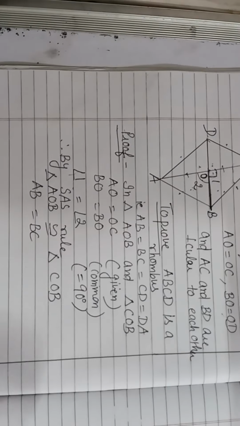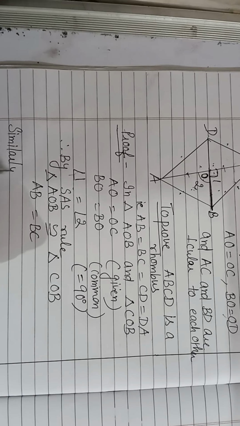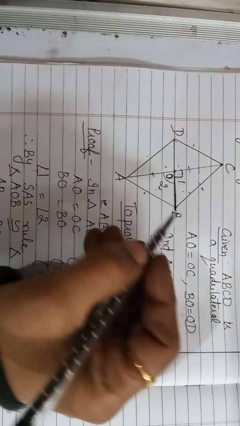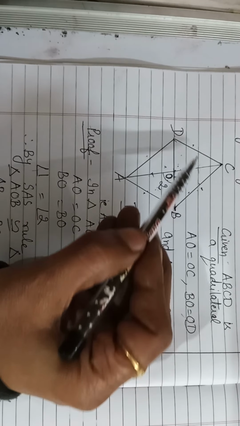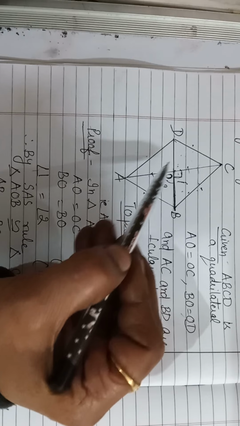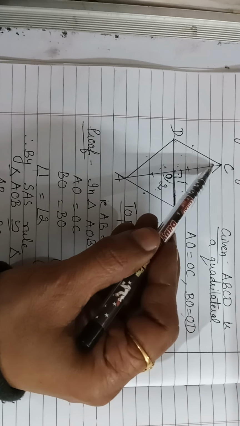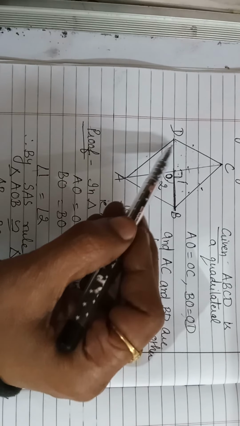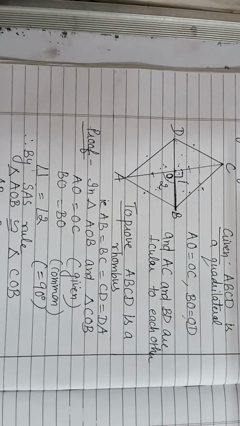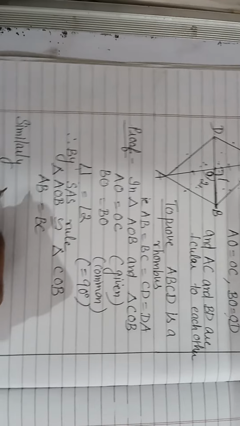Similarly, by making two adjacent triangles congruent every time, like if we make this BOC congruent to DOC, what will we get? BC equal to DC. And if I make these two triangles congruent, what will we get? DC is equal to DA. Again, by making these two congruent, DA is equal to AB. Similarly, what we will write: we are not going to prove it again and again.